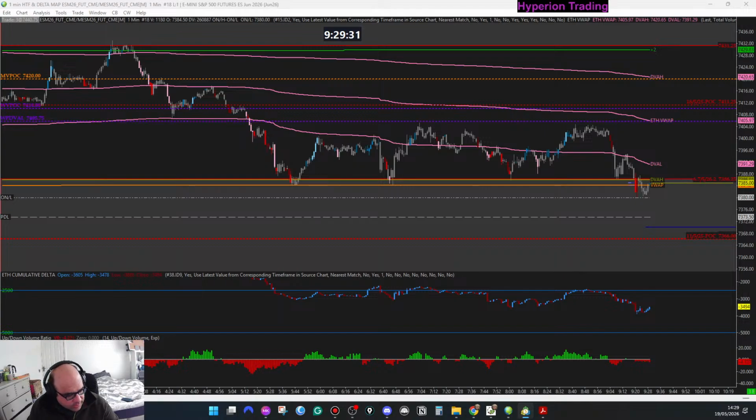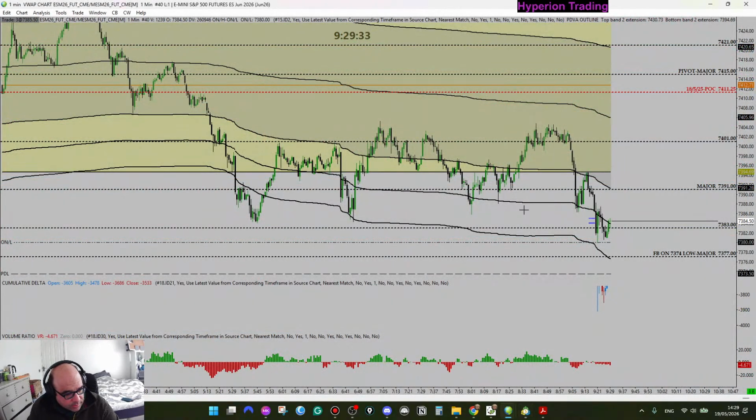So we see here on the left that we took these overnight lows, but this doesn't mean anything. We see here how it just did a pullback at the previous DVA low.